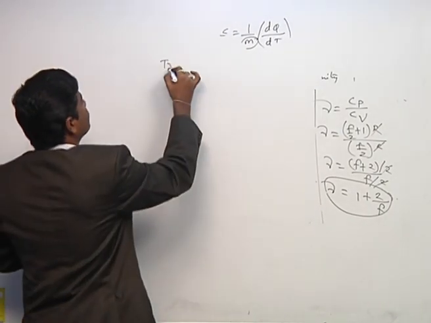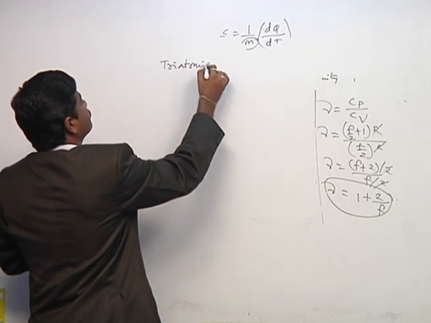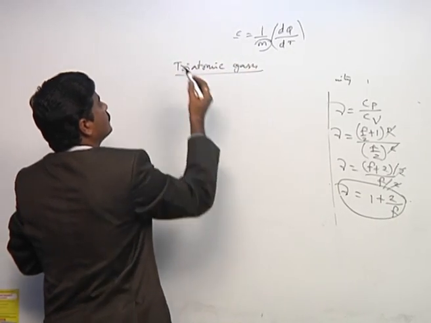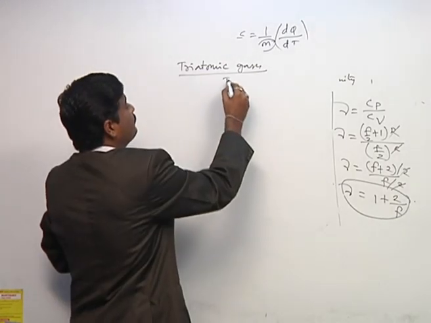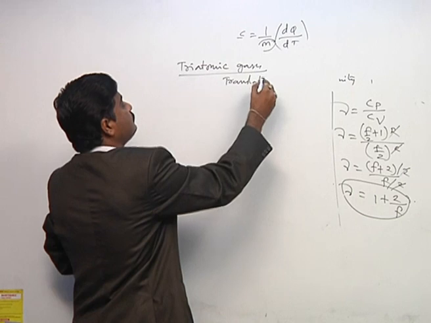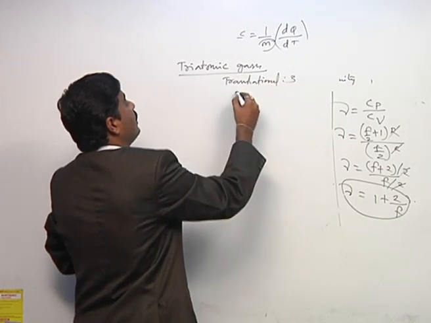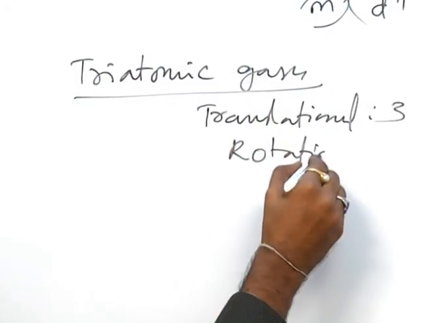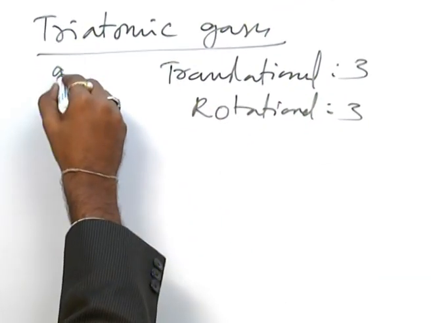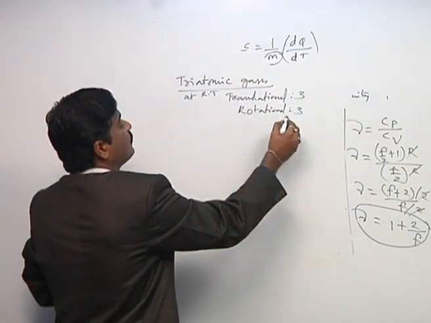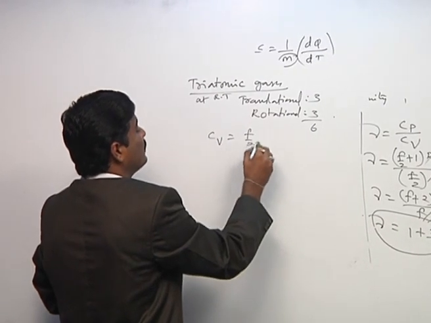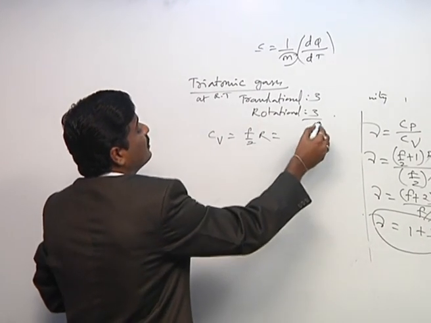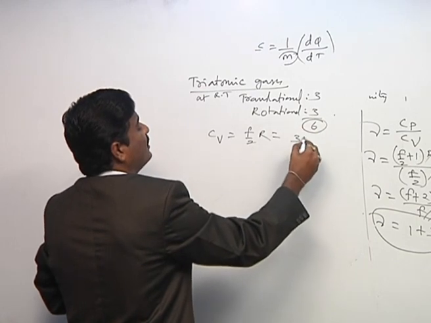For triatomic, the degrees of freedom for translational is 3 and rotational is also 3. I am taking the room temperature. So the total will be 6. So your Cv value will be F by 2 R here, and substituting the total 6, this will be 3R.